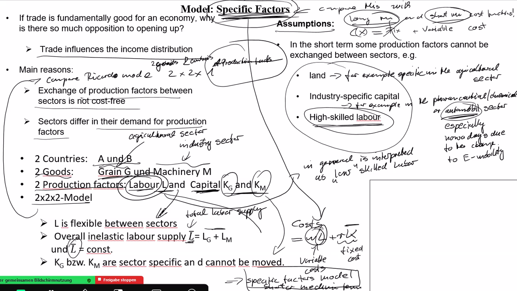So you can also say my special machine to produce pills I can in the long run sell, and then take the capital and buy some machinery which I can use in the agricultural sector. Okay, question?